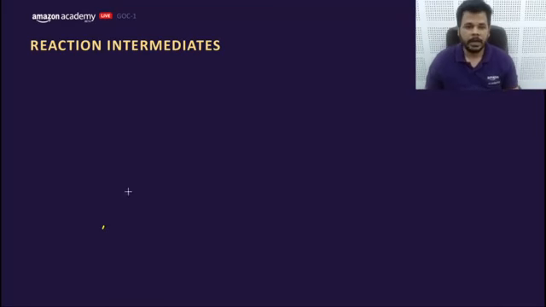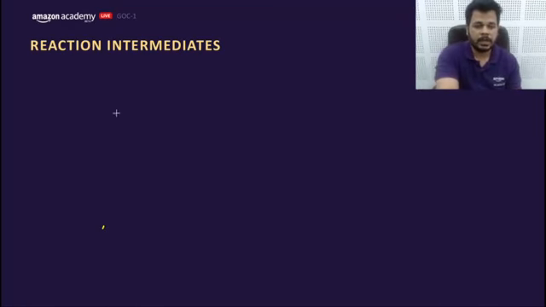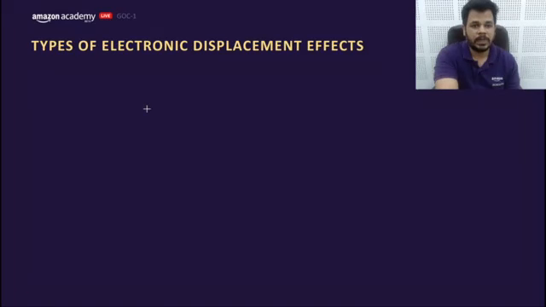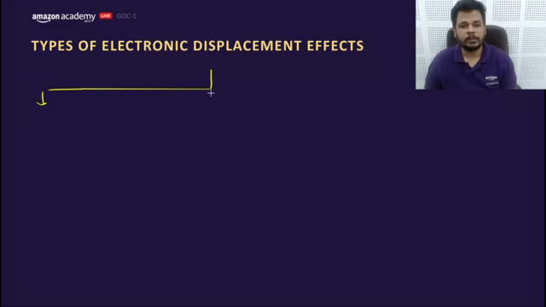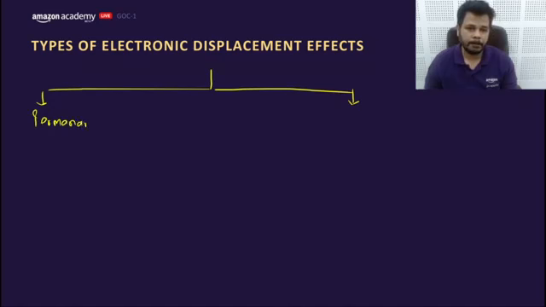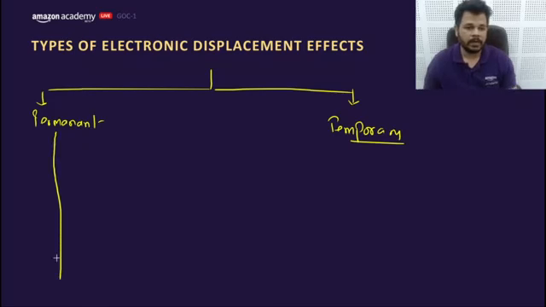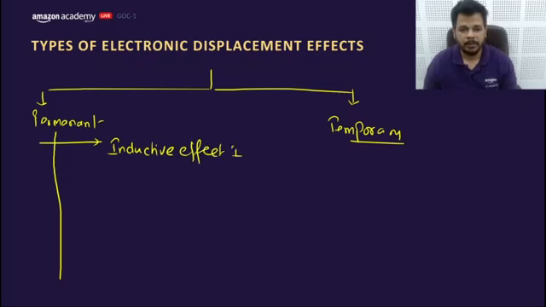Let's continue. Now we are going to study what electron donating effects and electron withdrawing effects are. So now we are going to study electron displacement effects. There are two types of electron displacement: permanent and temporary. We are not going to study the temporary one, only the permanent one here. First is the inductive effect, called the I effect.